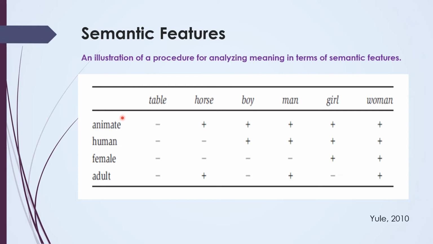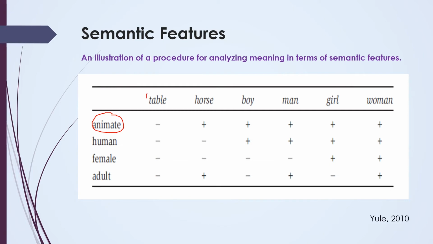And if you want to look at the dictionary for these words, the meaning you will find in the dictionary, we are talking about semantics by referring to the dictionary meaning. Now, first let's start with the table, or we can start with animate as well.